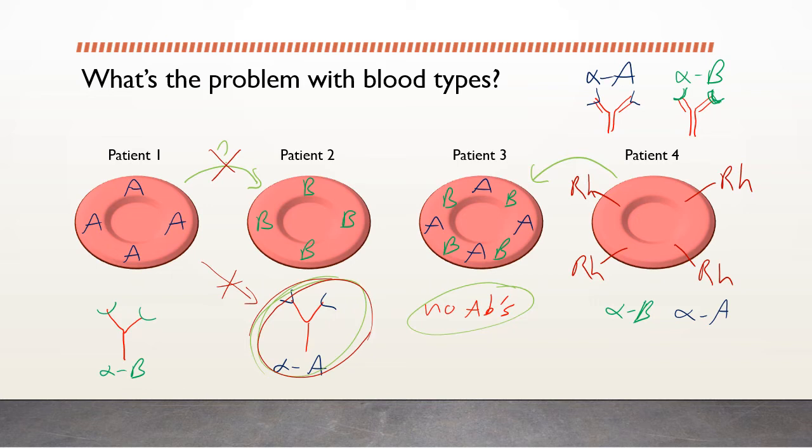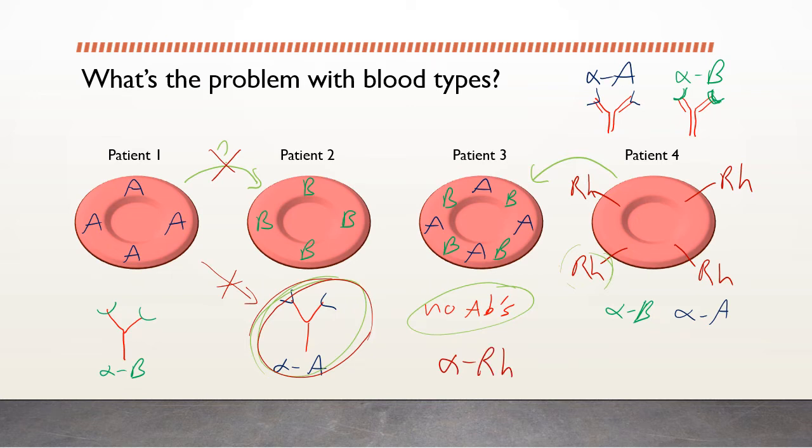Well, the first time you do this transfusion, there's no problem. But as soon as patient 3's immune system sees those Rh antigens, guess what they're going to get? They're going to get anti-Rh antibodies.